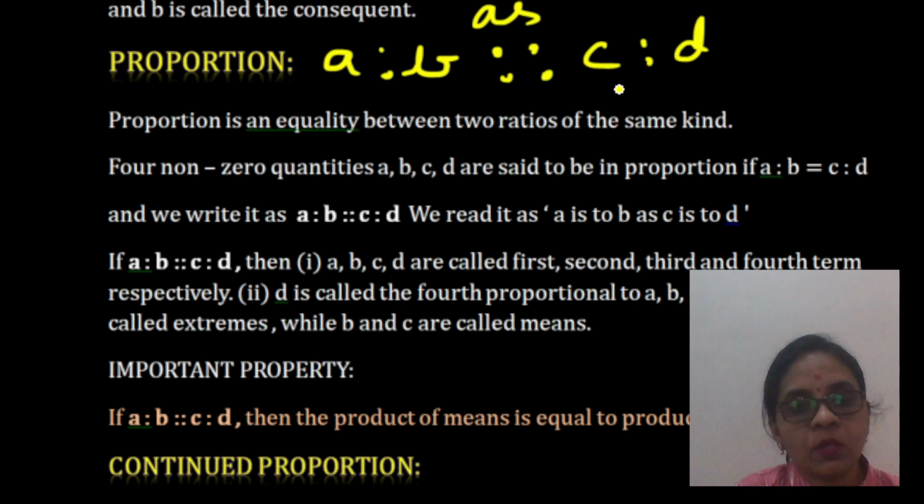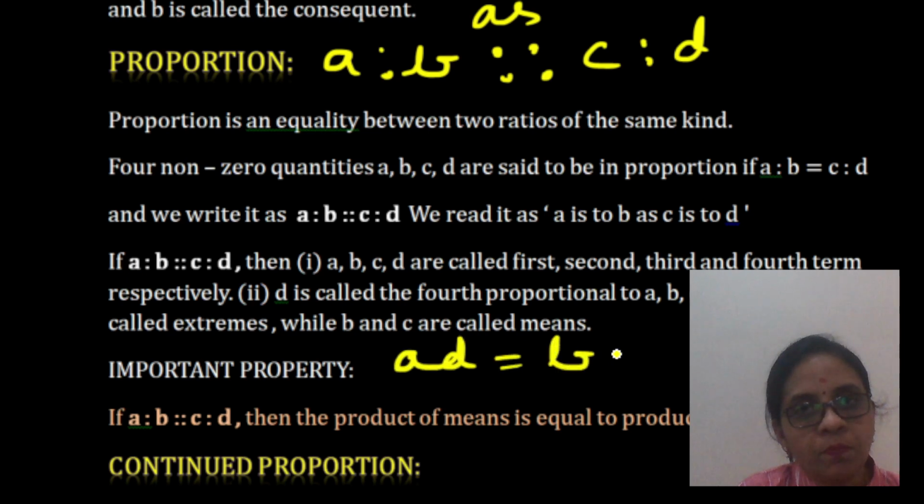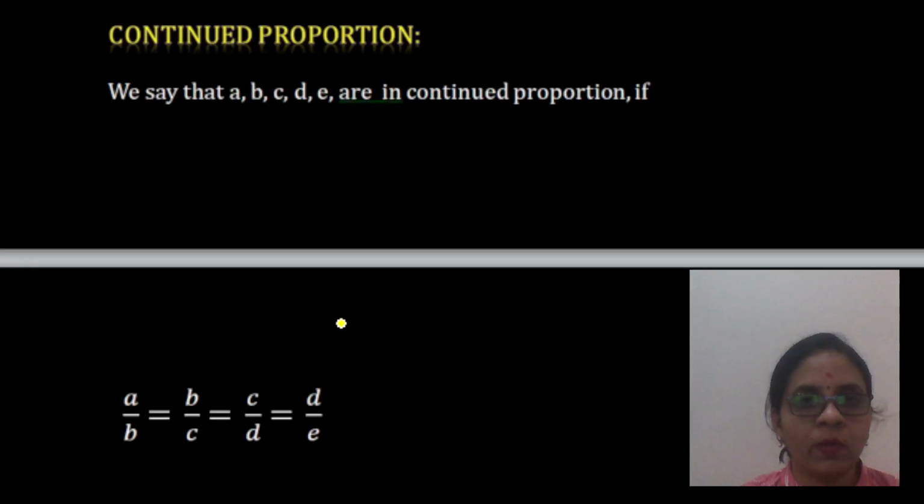The two terms close to the proportion sign are the means, and the terms at the extreme ends are the extremes. So product of means and product of extremes gives AD is equal to BC. Is that clear, children? You have already learnt this in your earlier classes, so I am going a little fast.